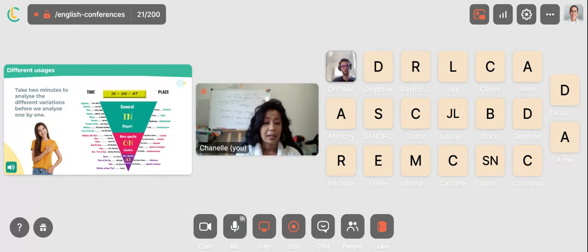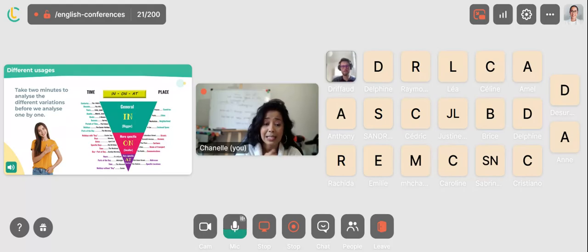So let's take some time to analyze the different variations before we analyze them one by one. So in general, when we're looking at in, on, or at, we look at in as the general. We look at on as more specific and at as very specific.